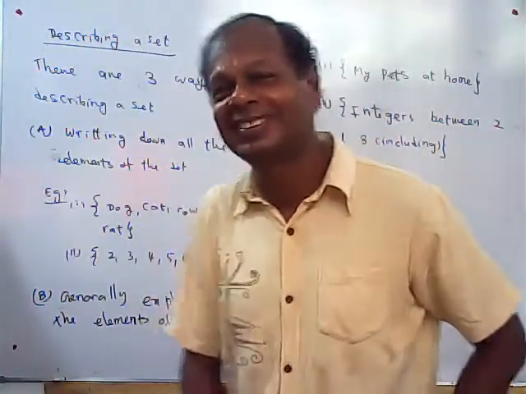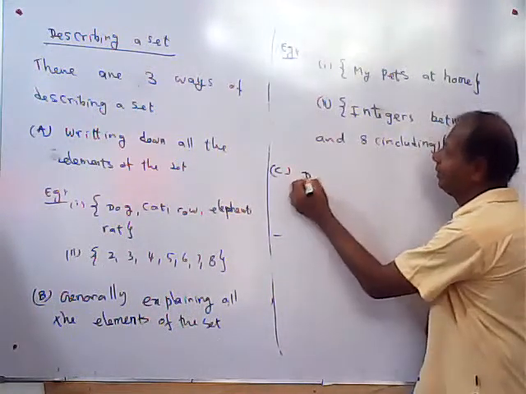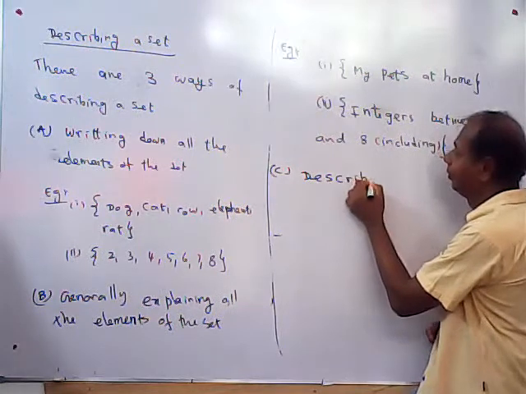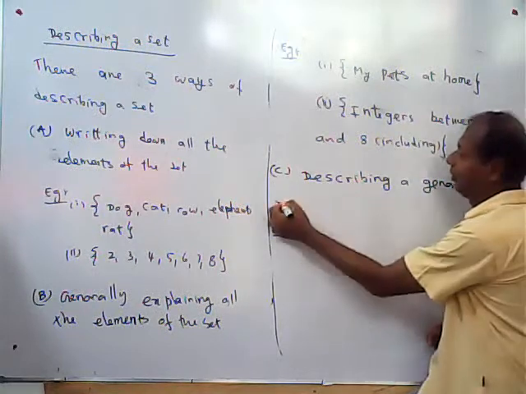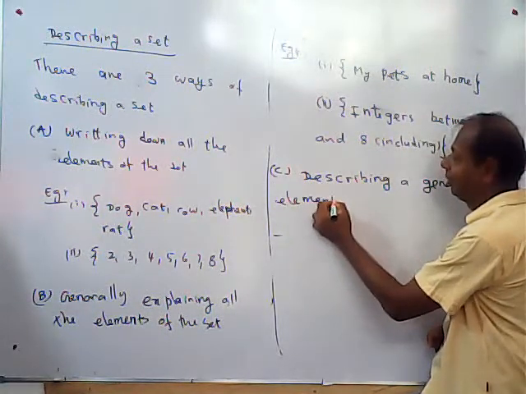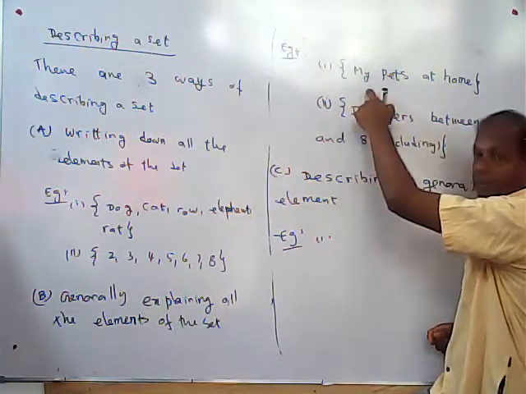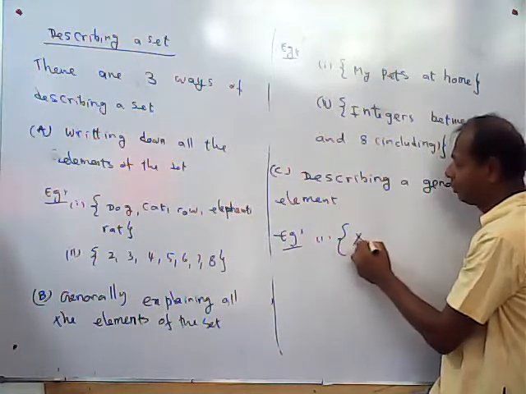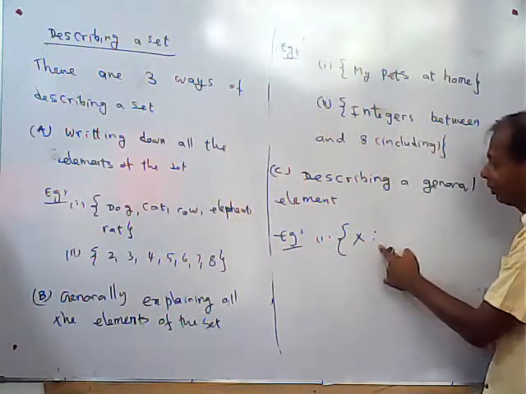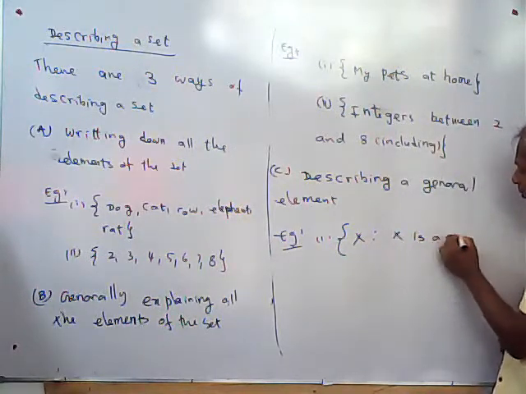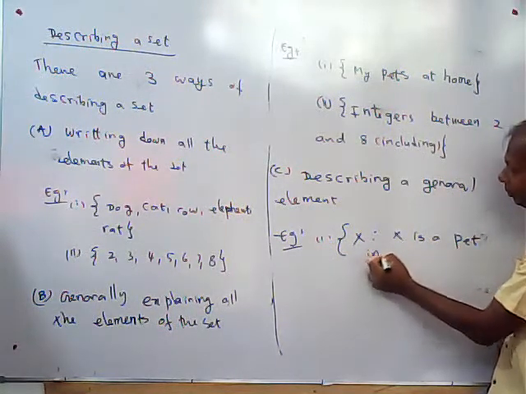So describing a general element. Example, this set you can describe like this: X, the general element is X, such that X is a pet in my house.